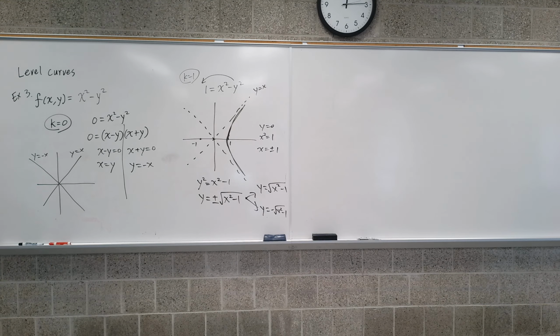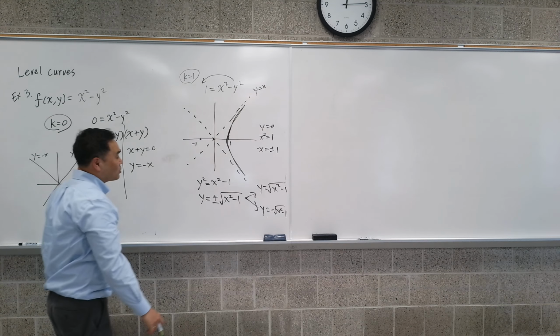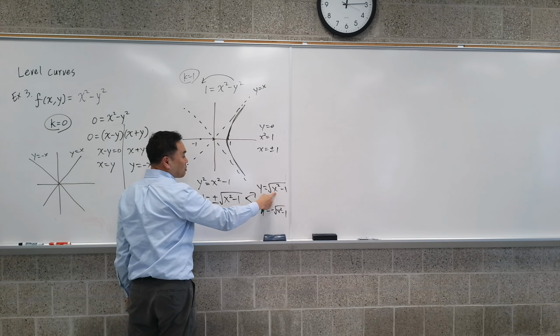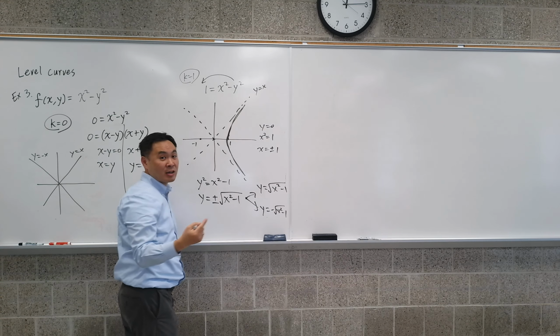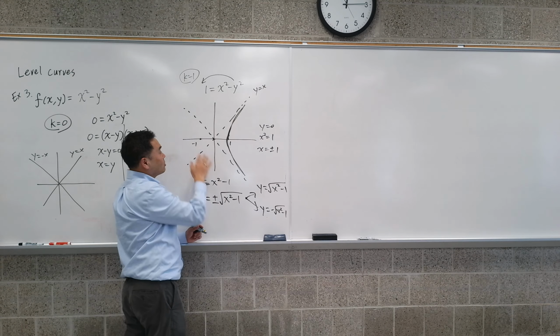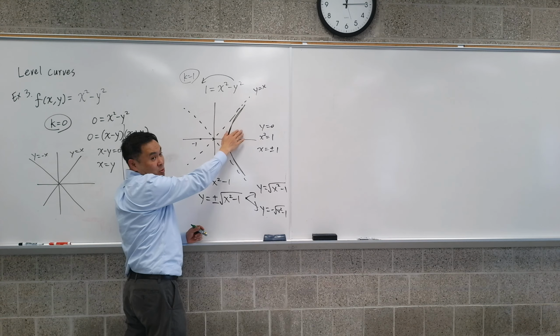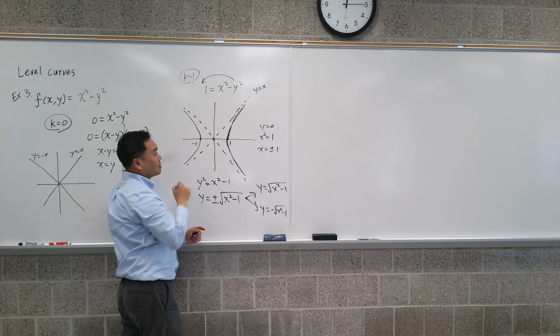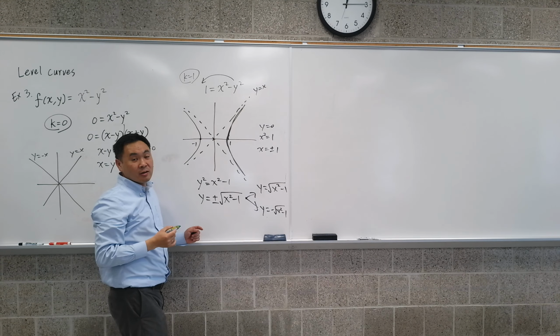Okay. But then this is symmetric with respect to the y-axis, because if you replace x by negative x, x squared is the same as x squared, right? So the graph on the left side is the same as the right side, which gives you another one. Like that. And we have a name for such a curve.